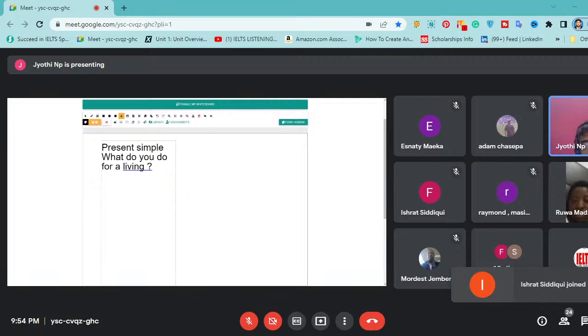Now, when it is a close-ended question, you usually use the linking verbs and then ask the question. For the present simple tense, you will be using to do, that is do or does, based on the person.